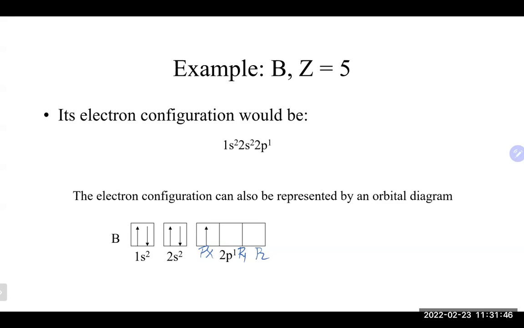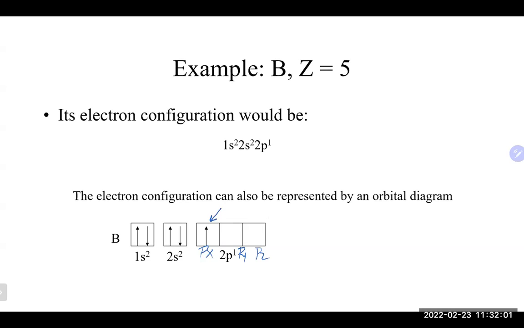Now on the next one, which is carbon, we are going to have 1 more electron, and now we have a choice of where we should put it. Will the electron pair up here? Would we put it somewhere else?